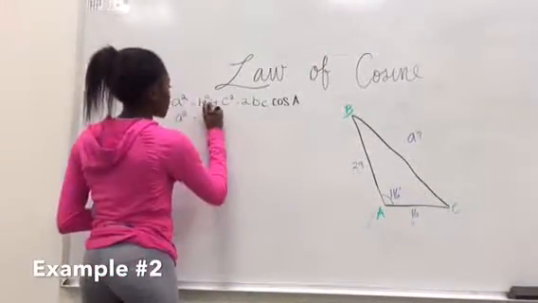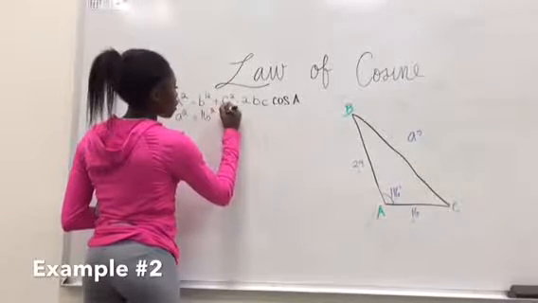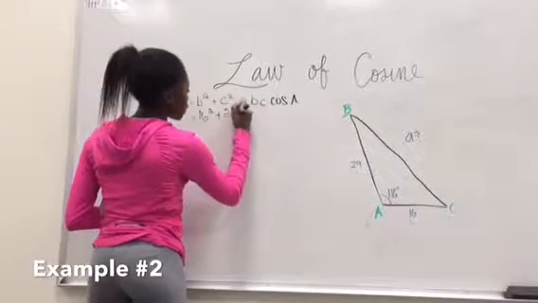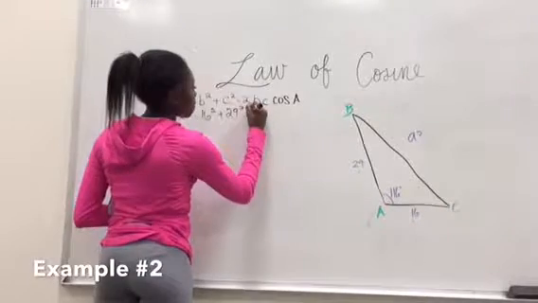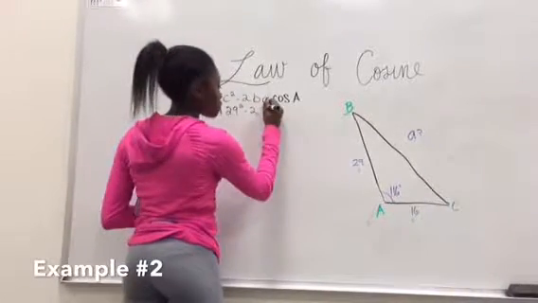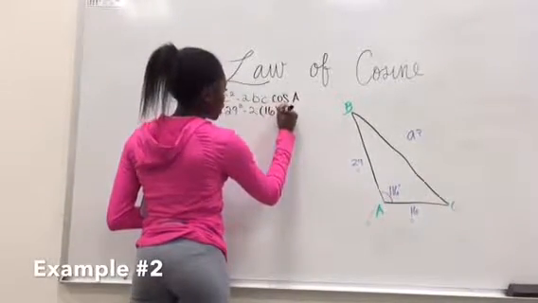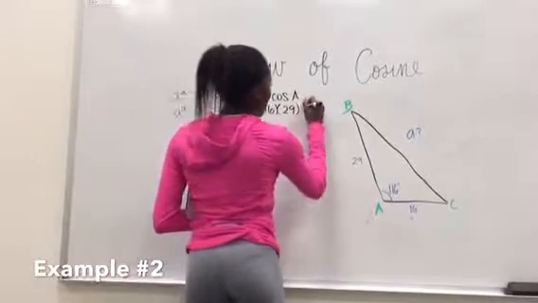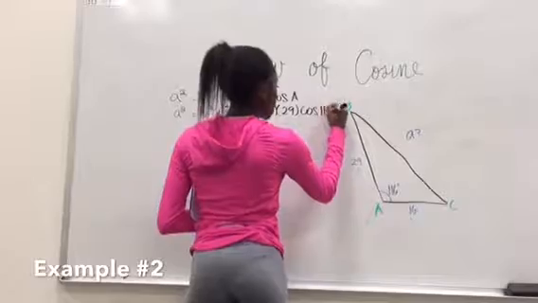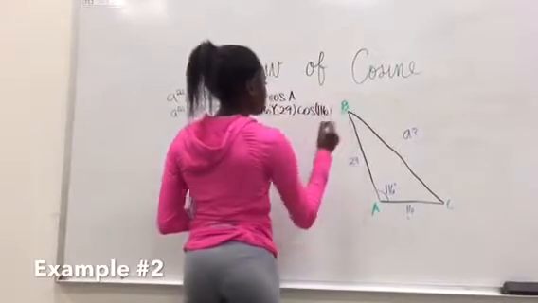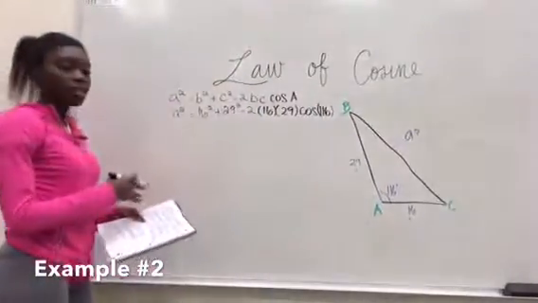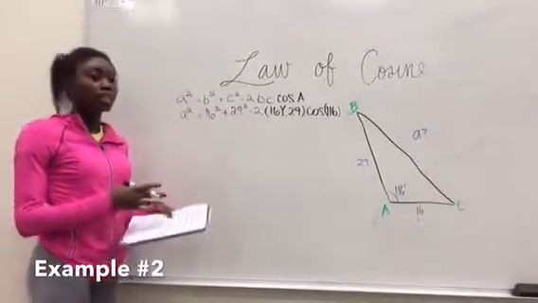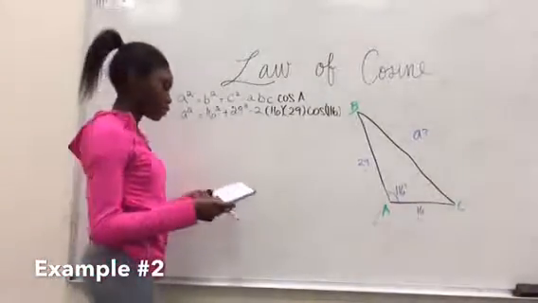B squared is 16 squared plus 29 squared minus 2 times 16 times 29 times the cosine of 116. You plug this into your calculator, and once again, it's best to do it in parts so that you won't get confused.